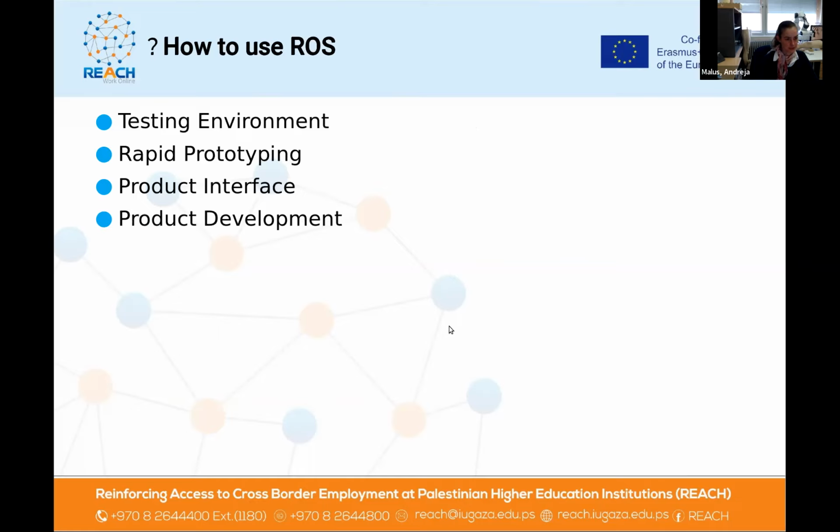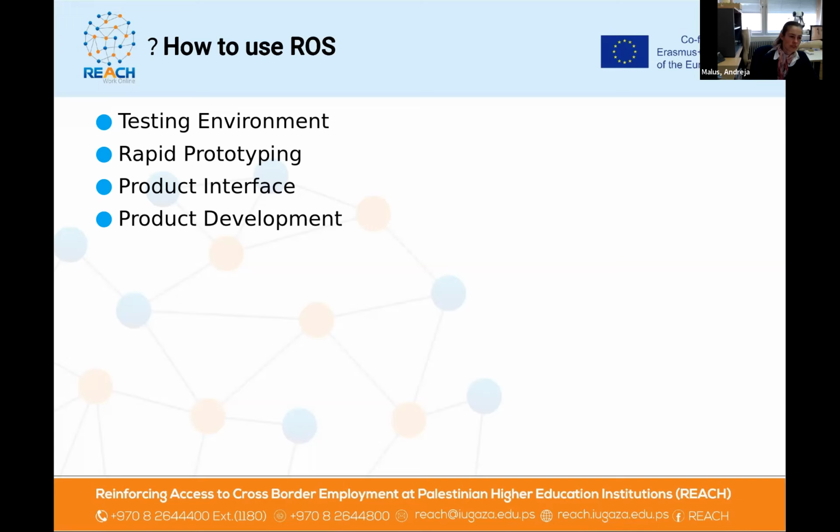So what's the general use for us? There are four main areas. One is to use ROS as a testing environment. If you have some robots, some simple hardware, and you want to check some algorithm on it, you can use it as a testing environment.